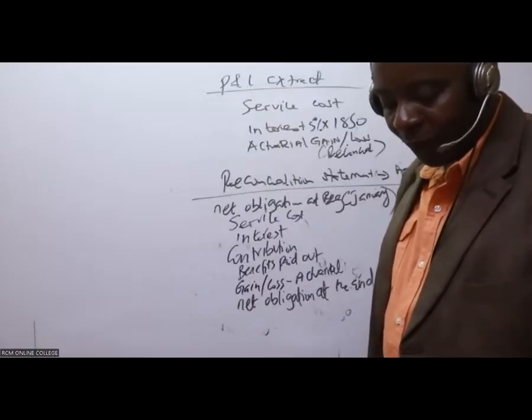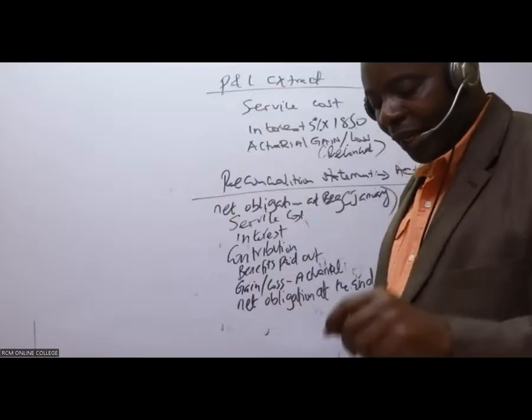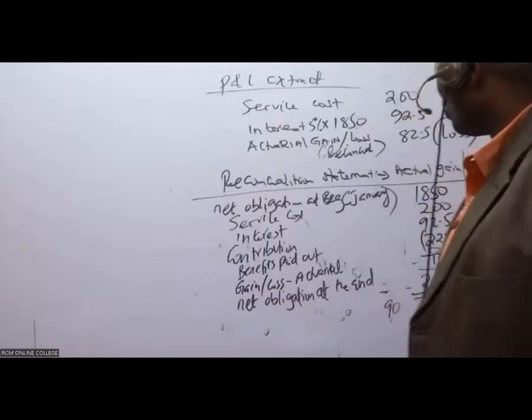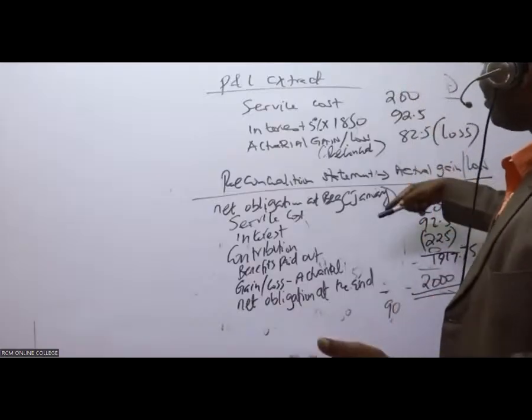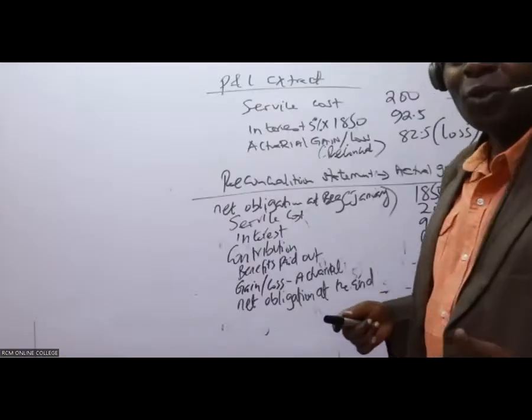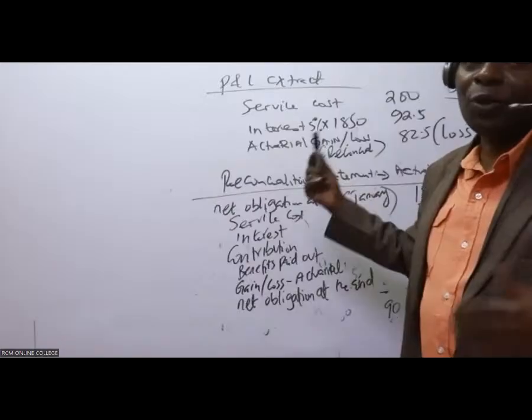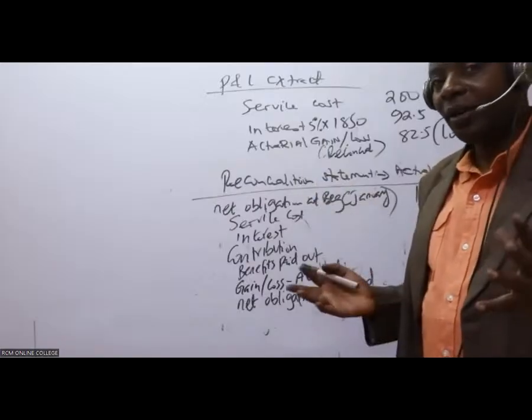In this case, we'll take this as a debit because it is a loss. When they tell you to explain, you should try to put some words into whatever you have been doing there, for you to get all the marks.